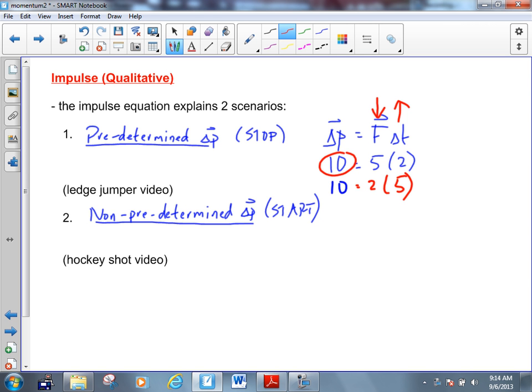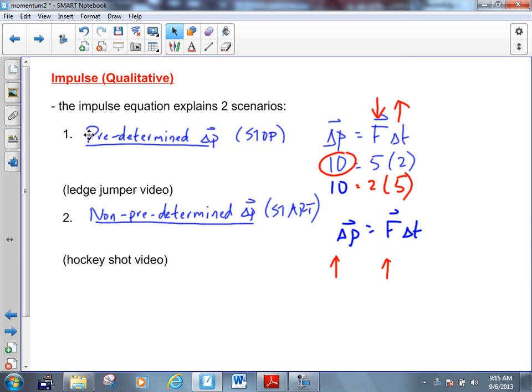Versus the non-predetermined impulse. When we're trying to start something, usually we're trying to make it go faster and farther, like a golf ball or a baseball. If we take a look at that equation again, delta P is equal to F times delta T. And we recognize that delta P is not predetermined. Delta P can change. If we increase the force, then the impulse is going to increase as well.